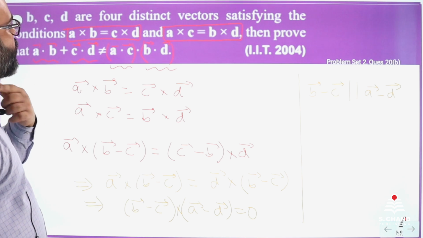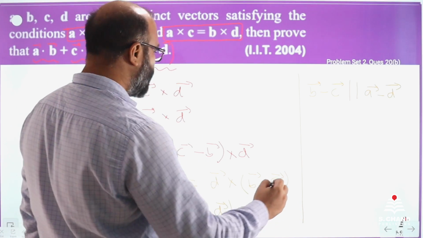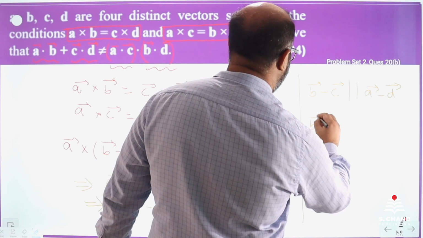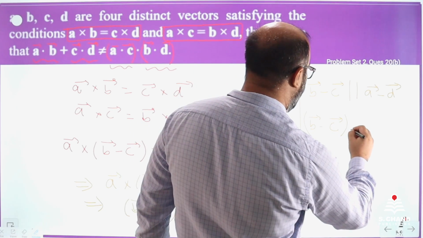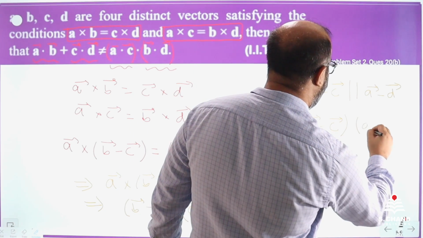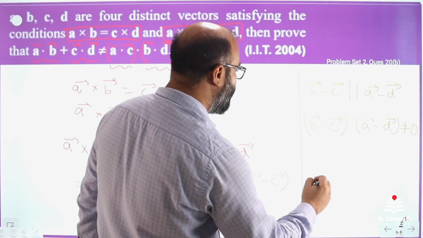So how can we come to this result? Let us see. So we can say that b minus c is parallel to a minus d. So b minus c dot product with a minus d is not equal to 0. What it means?